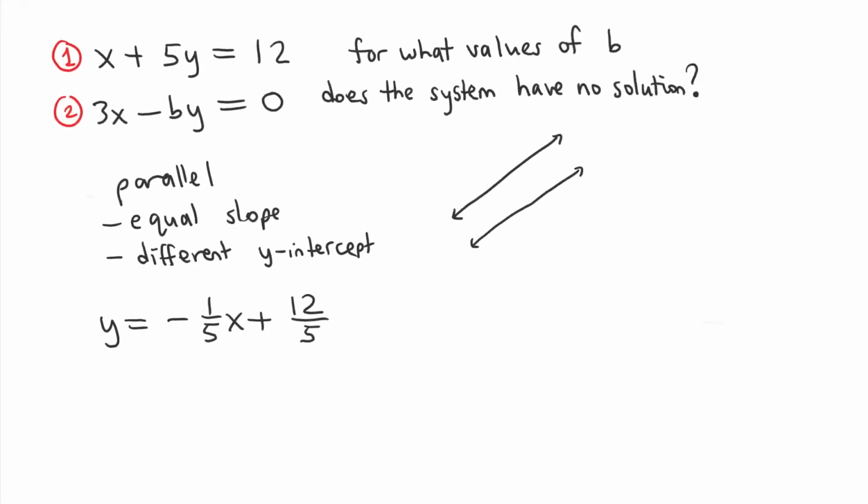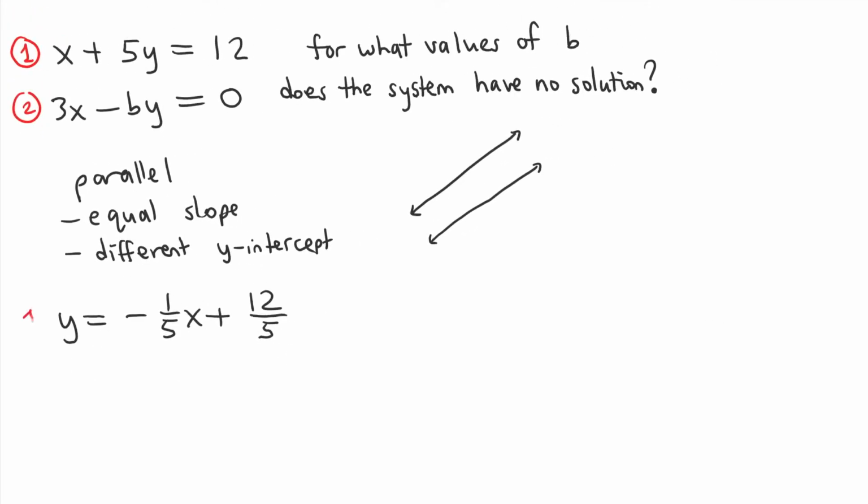And from the second equation, if you rearrange it, solve for y, you're going to end up with y is 3 over b times x. Now, I wrote the 3 over b in the front because I want to note that that's the slope, right? The b in here is not a variable, but a constant. So in other words, the slope of the first equation is negative a fifth. The slope of the second equation is 3 over b.